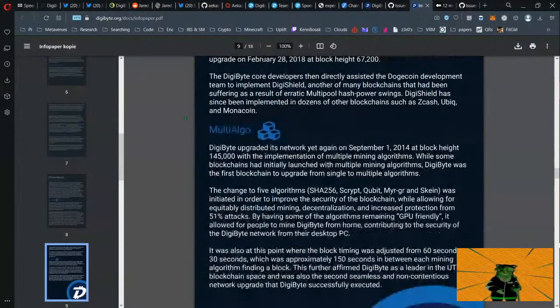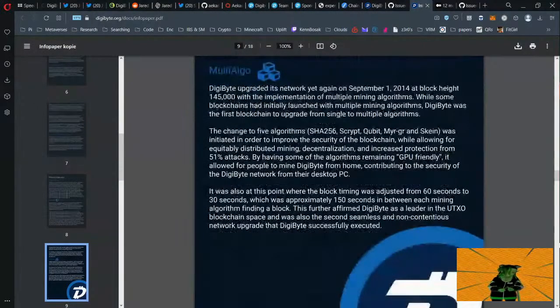So, multi-algorithm mining. There is such a thing as split mining, which is where you have one rig mining multiple coins or algorithms. Then you have double mining, which is where one rig mines one algorithm but sends that output to multiple different networks.